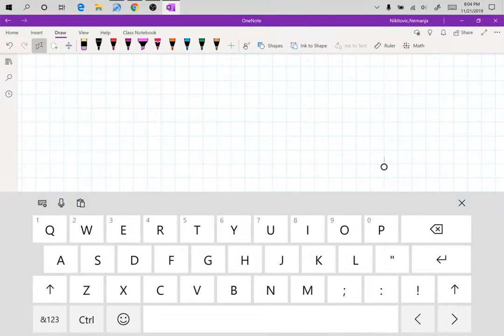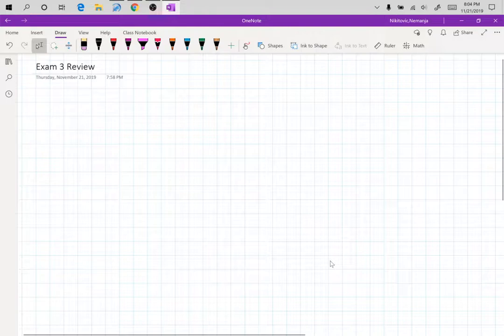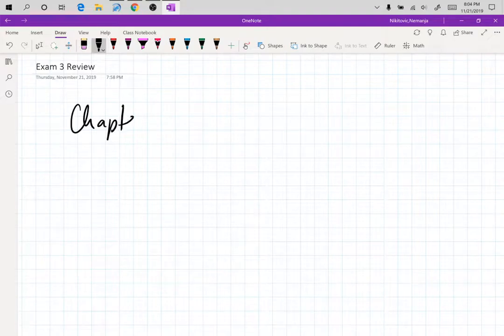Exam 3 review. So let's take a look. Exam 3 is on chapter 4, and then we subtract 4.8, which is Newton's method, because it's really annoying to calculate without the ability to program, right?